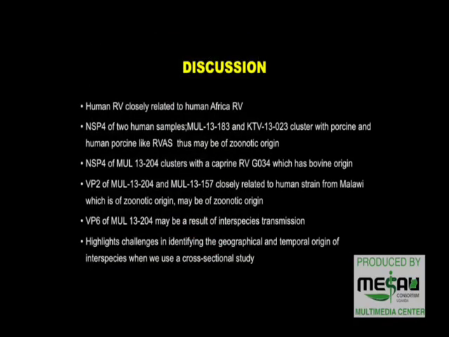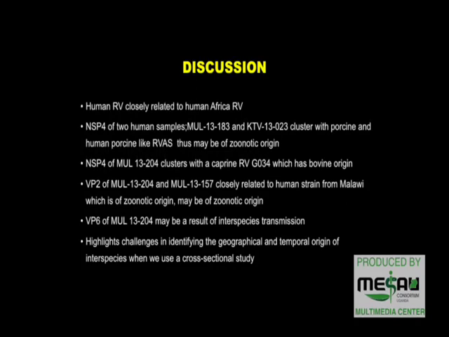So in discussion, our human rotaviruses are closely related to other human African rotaviruses. And the NSP4, I've already mentioned that the NSP4 of 2 human samples were closely related to that of porcines, of pigs, and also of other human samples which are pig-like, and so they may be of possible zoonotic origin.